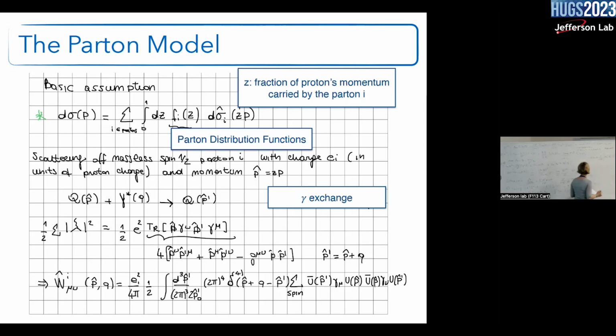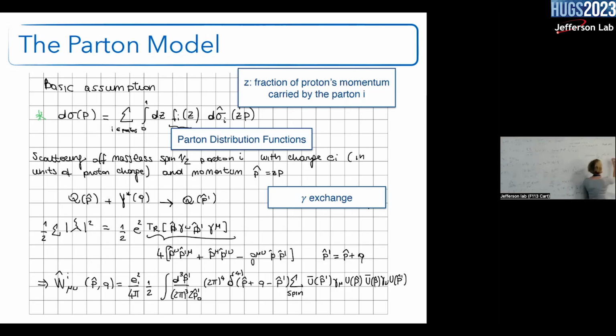Okay, so what is it? What the Parton model is telling me is super simple: the total cross-section that I wrote before can be written as the sum over i, which runs over all partons inside the proton, that carry a fraction z of the proton momentum, of the cross-section for the scattering of this point-like object against the photon. They are spin 1/2.